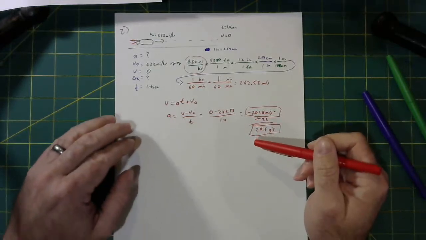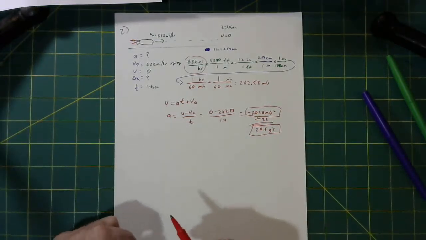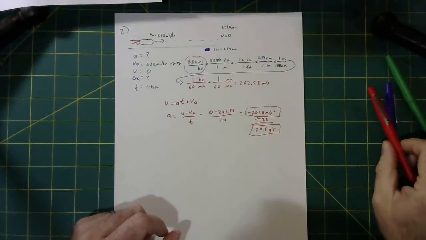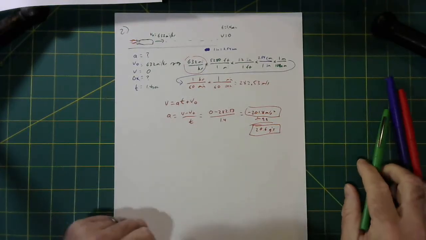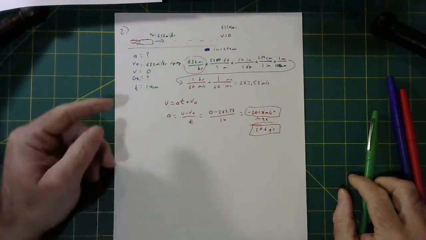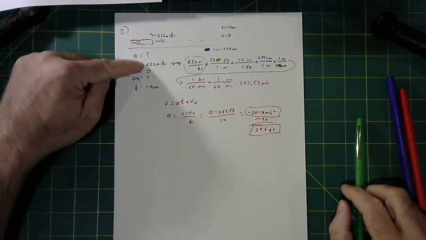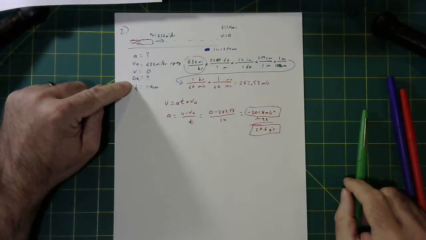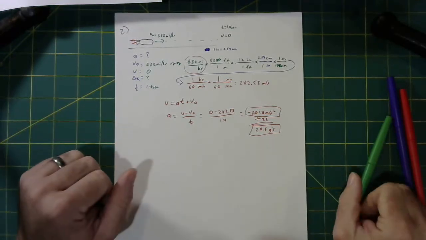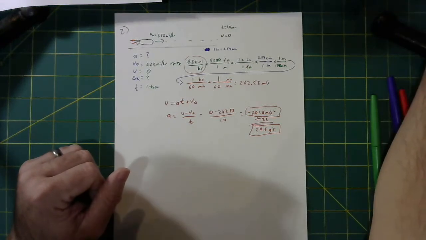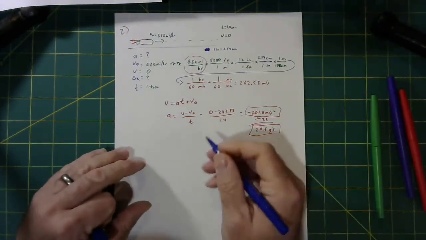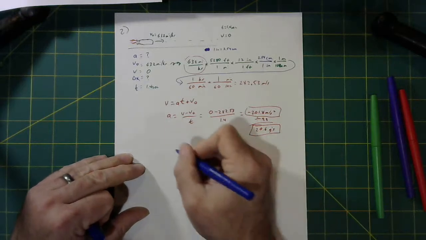Now, they did want to know how far he went, so how far it took to stop him. If I want to do that calculation, well, now I have an acceleration. That's going to make this a lot easier. I have all my motion variables now except delta x. So I could use my choice of formulas with displacement in them. Just for the heck of it, we'll do this one.